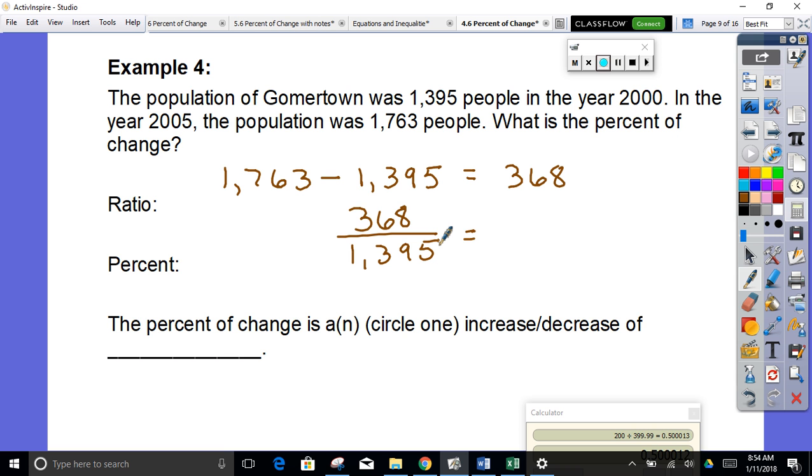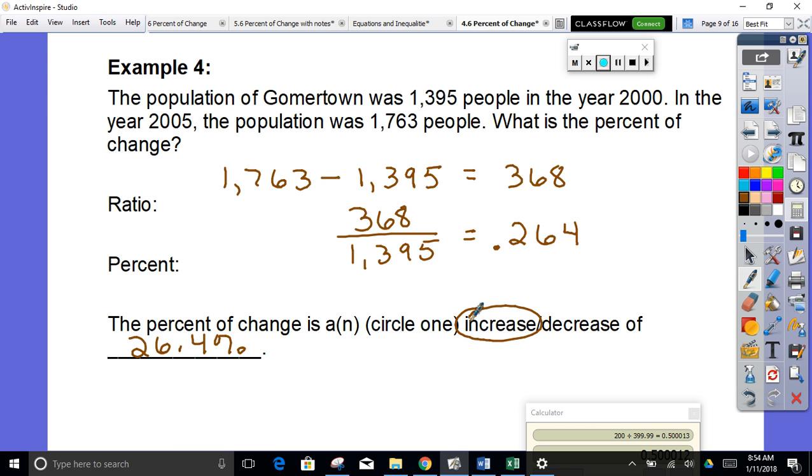Okay, volunteer if you did it this way. What did you get as an answer? Violet? 26%. 26%, or if you rounded a little further, 0.264, so it would be 26.4%. Is that an increase or decrease? Haley, increase or decrease? Increase in population.